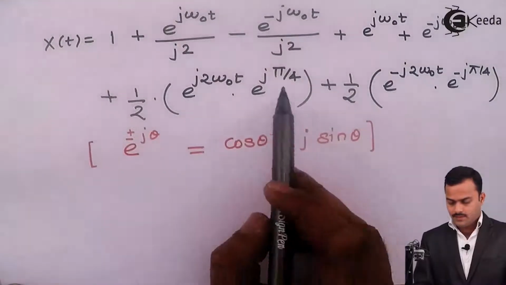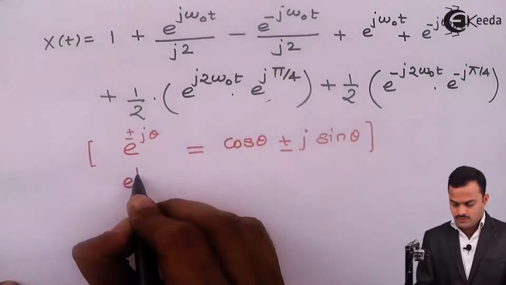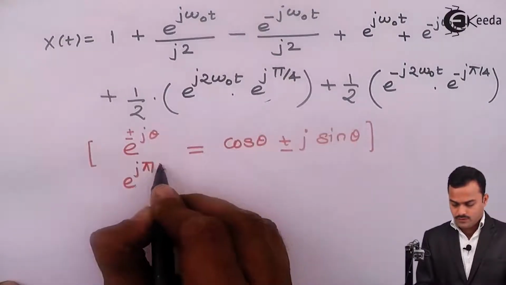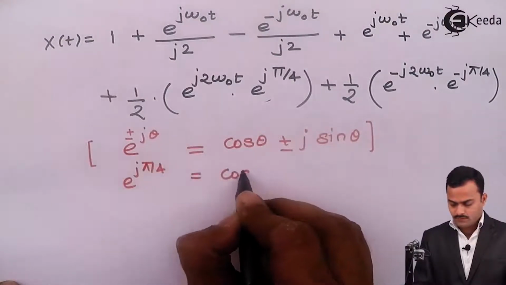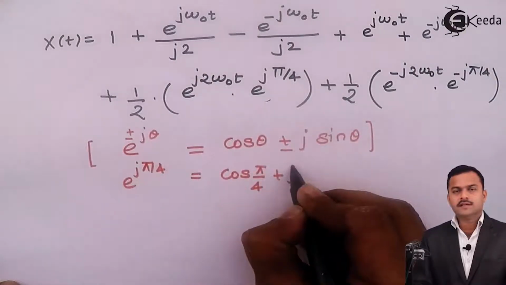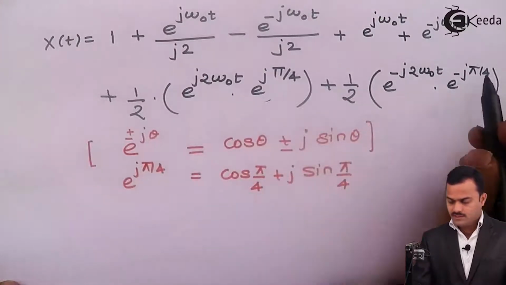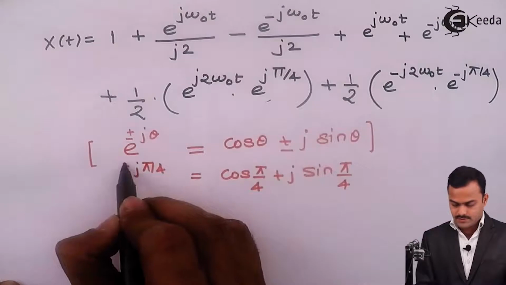So if I apply it over here, e raised to j pi by 4 is nothing but cos pi by 4 plus j sin pi by 4. Here minus is also there, so let's write it for both.